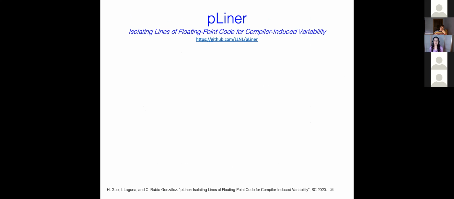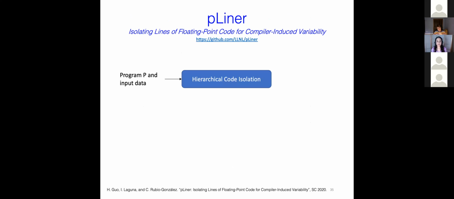Motivated by these kinds of problems, we developed pLiner, which helps to find the root cause of such inconsistencies. pLiner takes as input the program and the inputs, and it performs a hierarchical code isolation that identifies suspicious code areas.